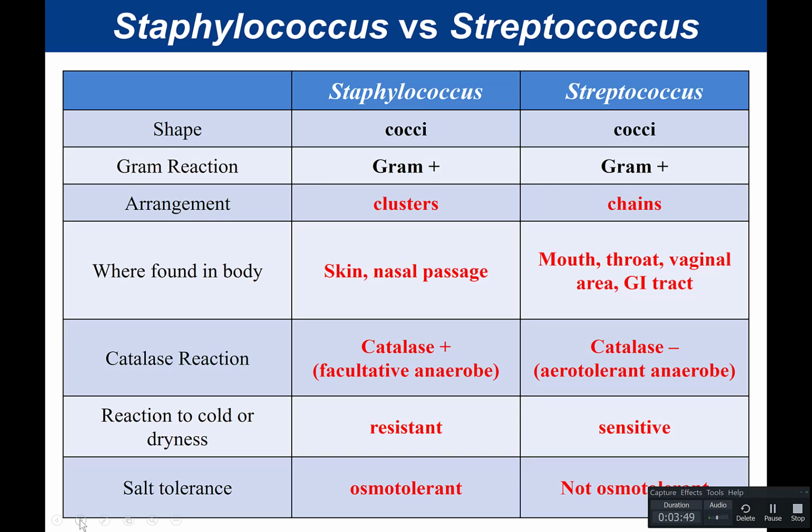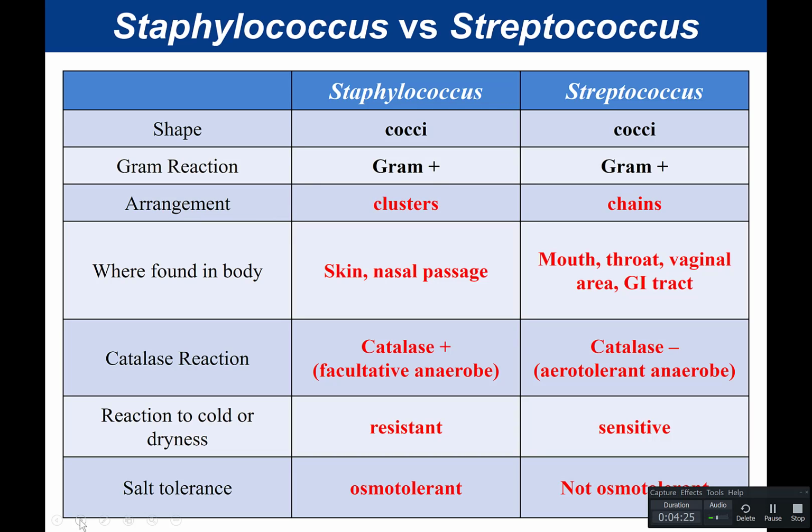Because Staphylococcus is catalase positive, it's going to take the hydrogen peroxide that you added to the bacteria and produce water and O2, which is the gas that causes the bubbles. Streptococcus is not going to produce the O2 gas, and therefore it's not going to bubble. The reason that the catalase test is on this quiz and on this practical is because it's a way that we can differentiate between Staphylococcus and Streptococcus.